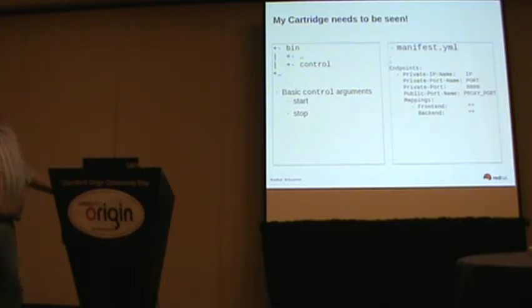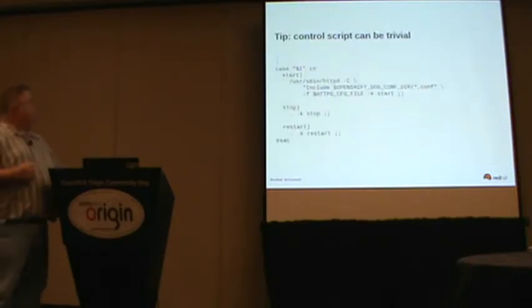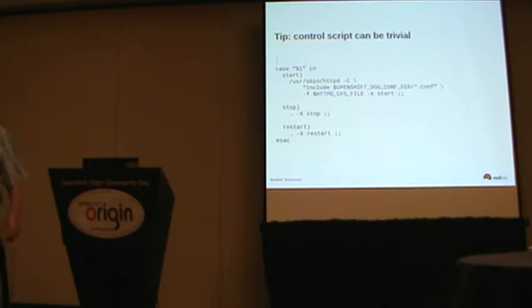So combining the two: the manifest and the endpoints are how you tell the node platform where you want to live, and control is what the node platform comes back to when it wants you to do things. Control scripts can be trivial. We have some that have gotten very, very long, depending on what they're trying to do.